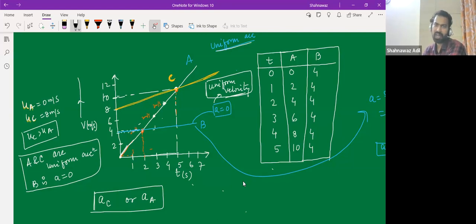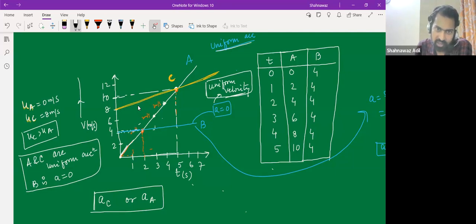Slope. Slope of the graph tells you how much the acceleration is. So in C and in A, which has the greater slope?